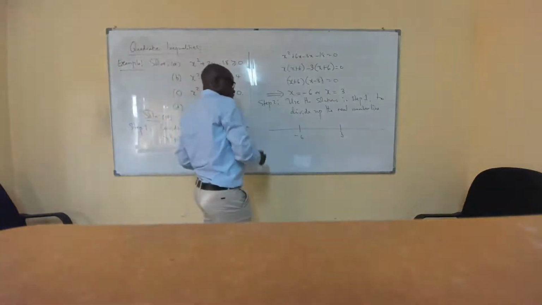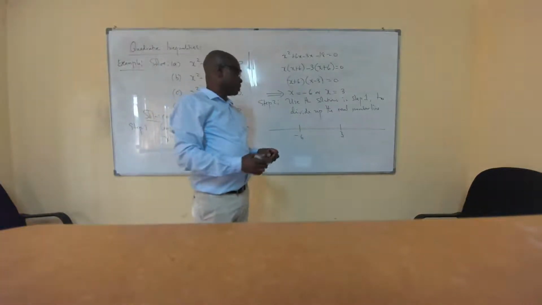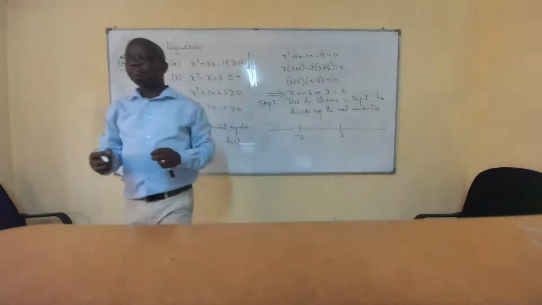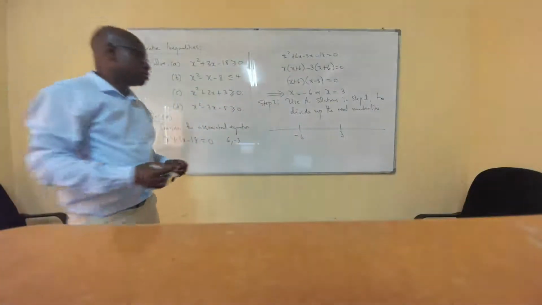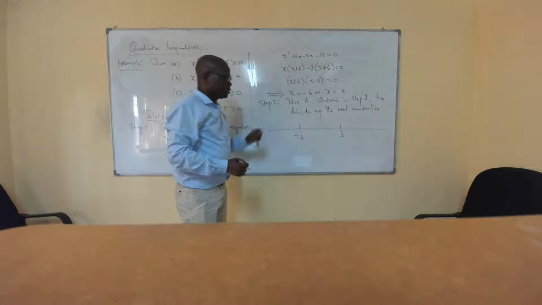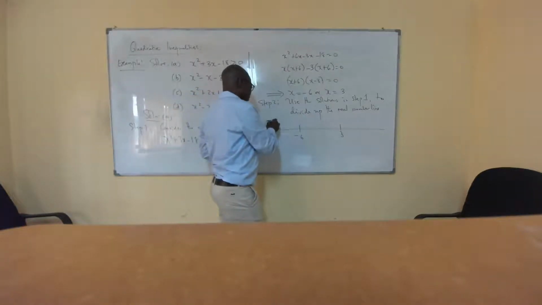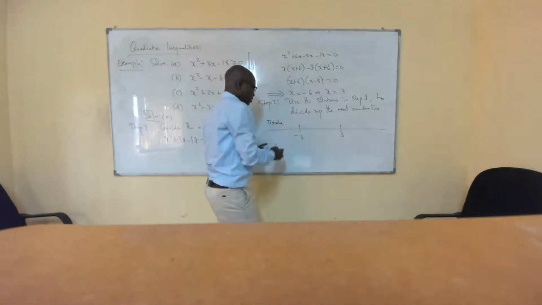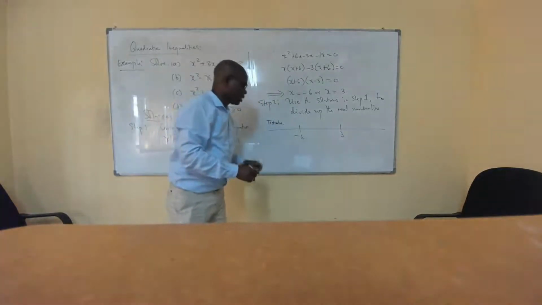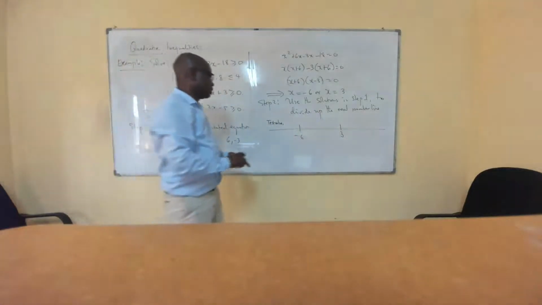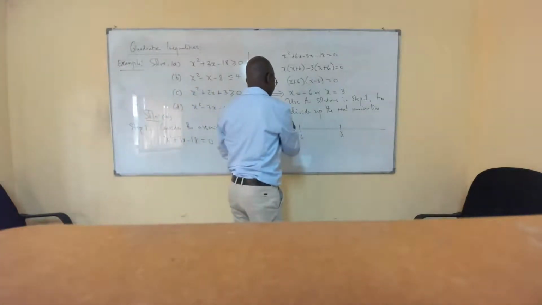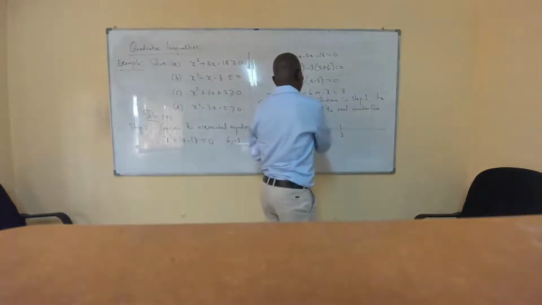So in each interval, you can pick what we call a test value. Pick any real number, any number which is to the left of minus 6. We'll pick minus 7.